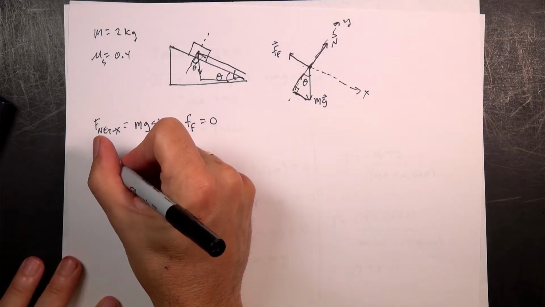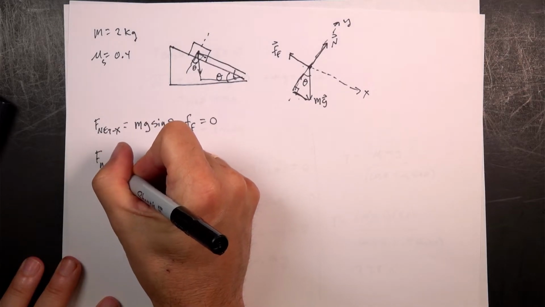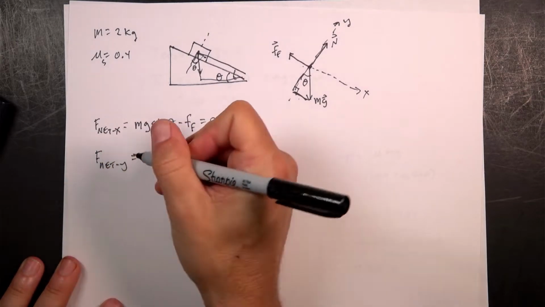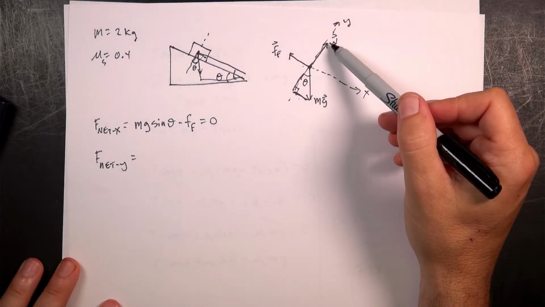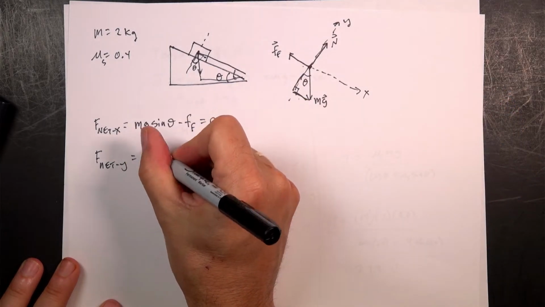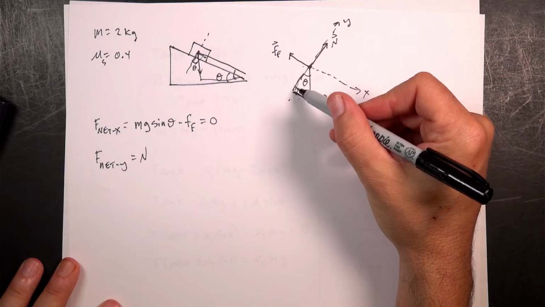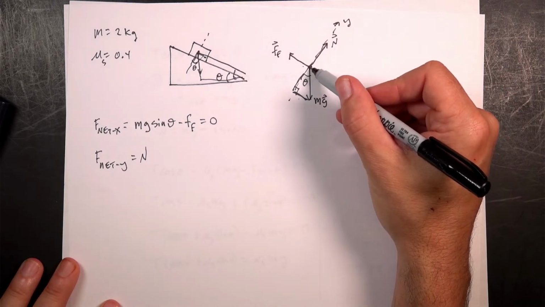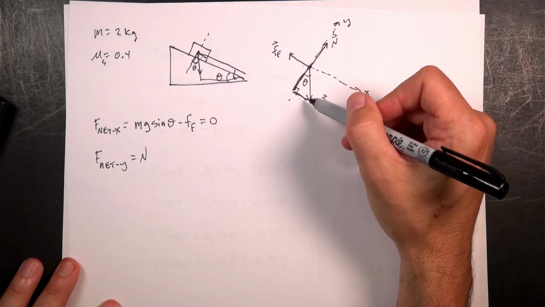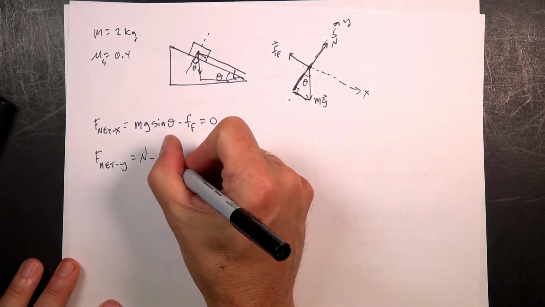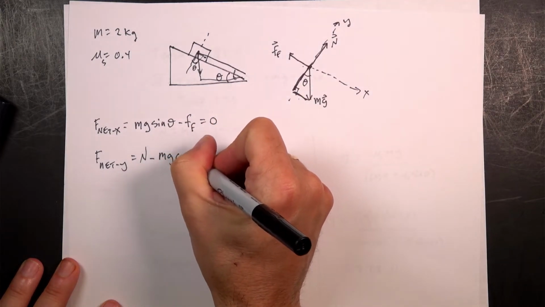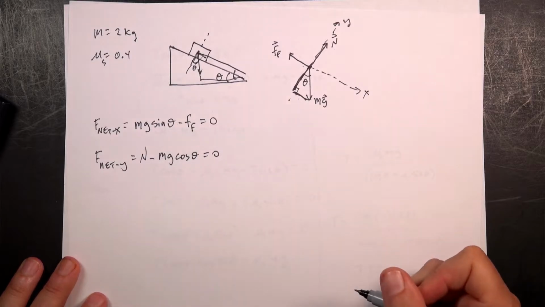Now let's do the same thing for the y direction, F net y equals. So now in the y direction, I have the normal force, and then I have the y component of the gravitational force. In that case, it's the adjacent side of this triangle, so it's going to be cosine. It's going to be minus mg cosine theta equals 0.